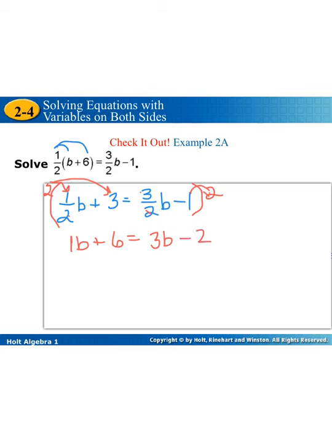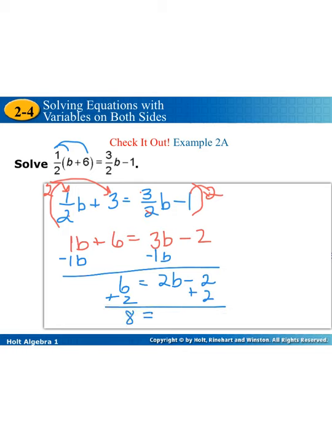And now again, strategic planning here, which one of those b's is better to move first? I would say it's better to subtract 1b out. We get 6 equals 2b minus 2. Add the 2. 8 equals 2b, and divide by 2, so b equals 4.